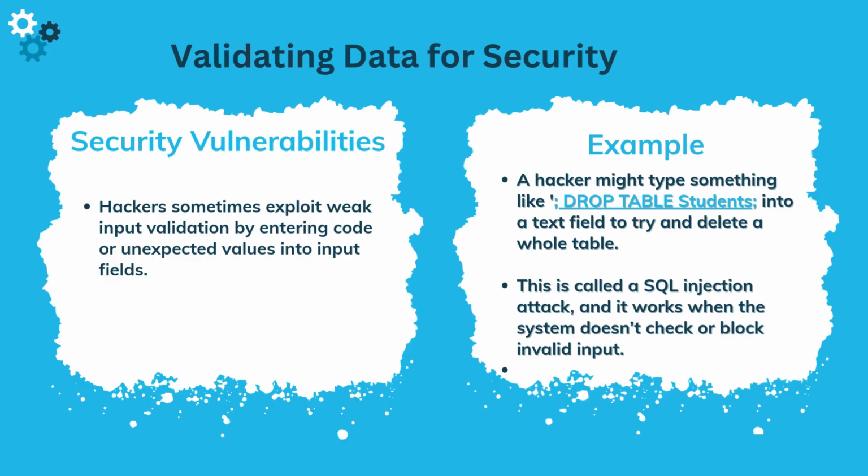A hacker might type something like drop table students into a text field. Well, if your database is not set up to block that type of code, then it has the potential to delete a whole table from your database. This is called an SQL injection attack. And it works when a system does not check or block invalid input.